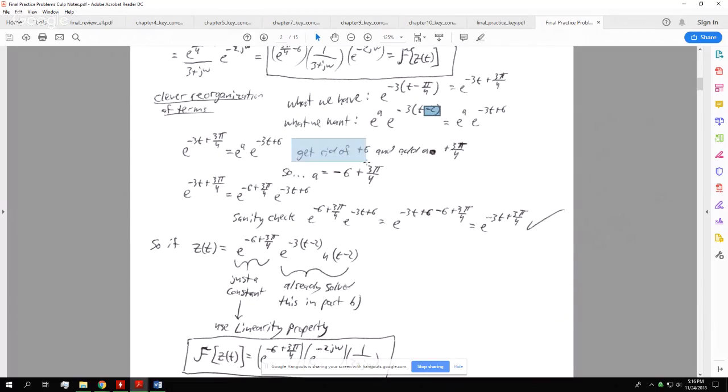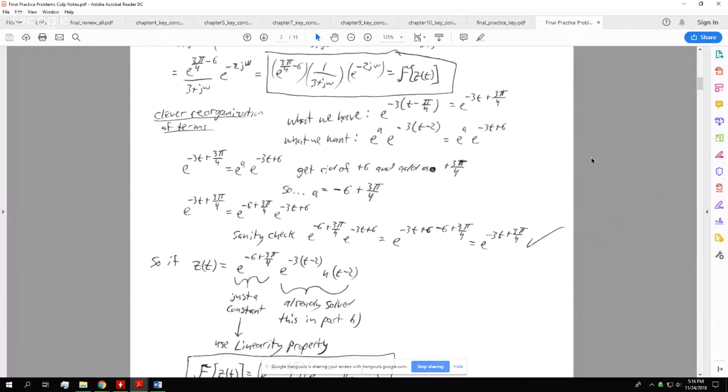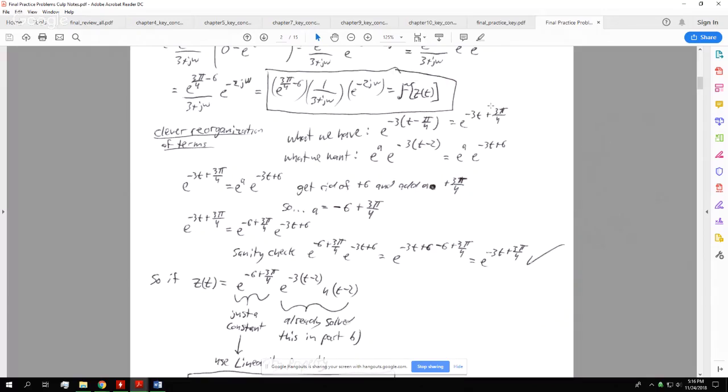So I'm going to get rid of the +6. The +6 came from this -3 times -2 is +6. So get rid of this +6 and add a 3 pi over 4, a positive 3 pi over 4. What that allows me to do is I can get rid of this 3 pi over 4 and get rid of this 6.